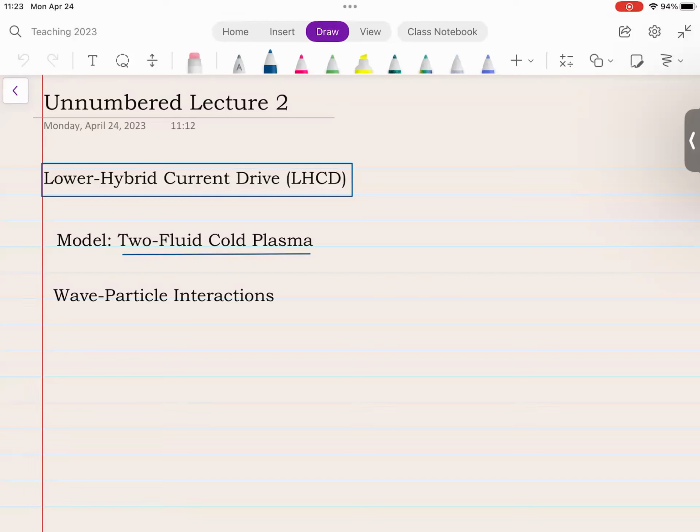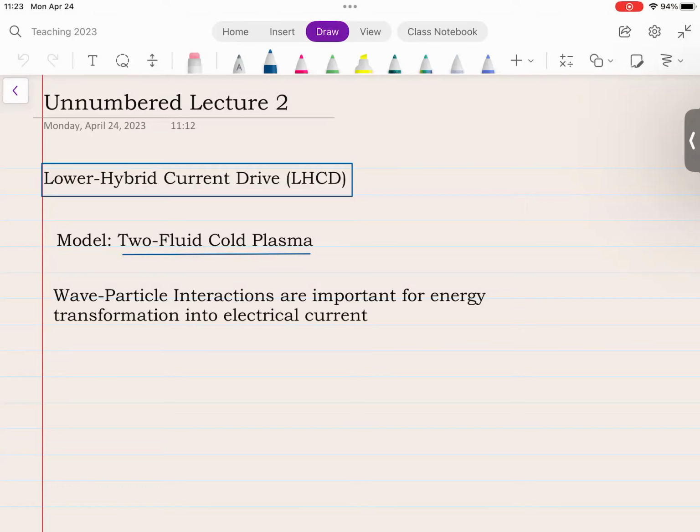This is the part we're not going to discuss in detail, but I'm still going to tell you something about it, for energy transformation into current. That's going to be our starting point.